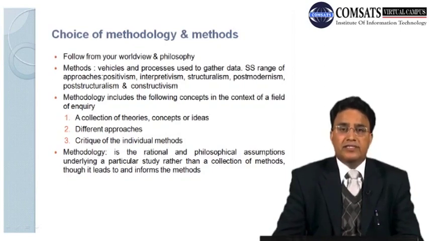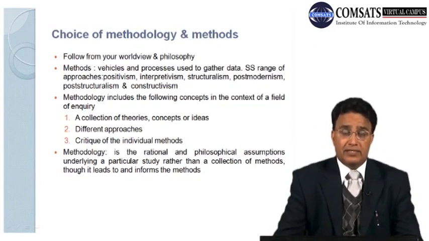In a minute we'll discuss them briefly, but at this point I just want to name them, that these are some of the methods available in social sciences and humanities, and they are applied by researchers in their specific field of study.